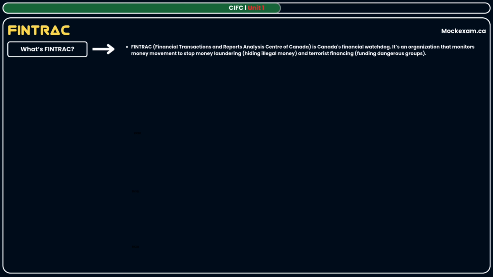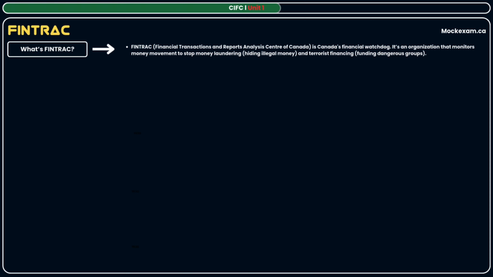Okay, we talked about money laundering and terrorist financing. So it's an organization that watches individuals and corporations and detects illegal money movement. Okay, now let's elaborate and dive deeper into FINTRAC with an example.